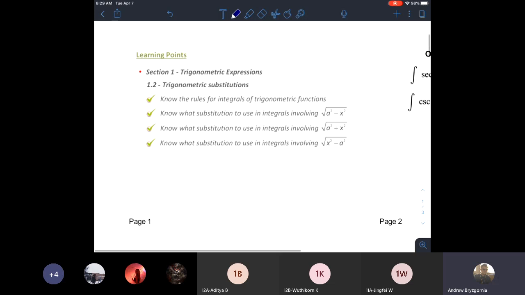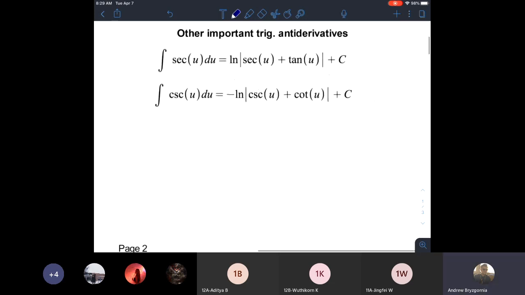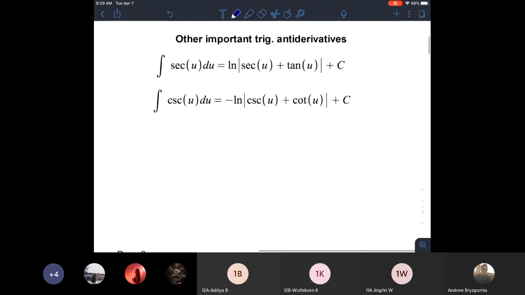So the first thing, we've talked a little bit about this, but I just wanted to remind all of you of these two integrals, because I know that we had one, I think there was an arc length question on one of our past tests in term 2 where you had to integrate secant, and it ended up turning into this.